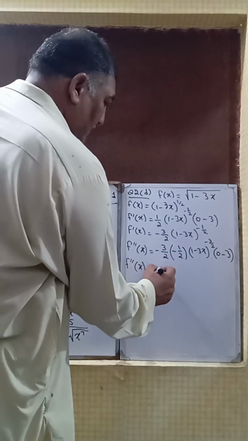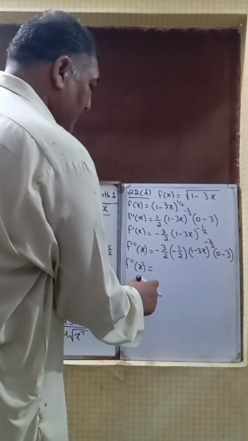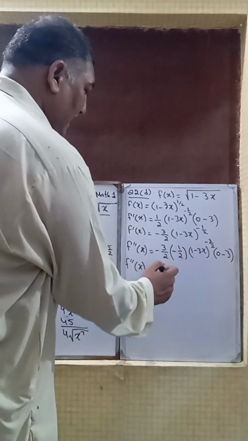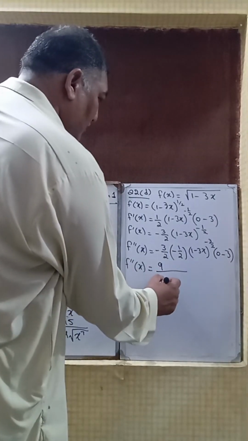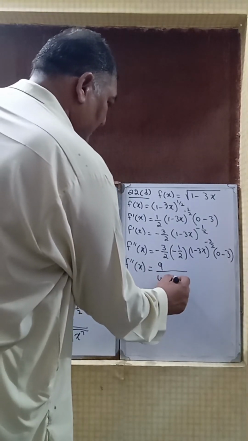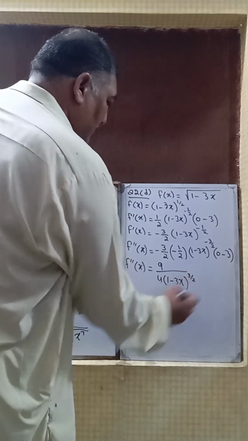So the second derivative will be minus minus plus, and then this minus will make it again minus. 3 3s are 9, so this will be 9 divided by 4. Bring this downstairs, and because the power is negative, this will be 3 by 2.